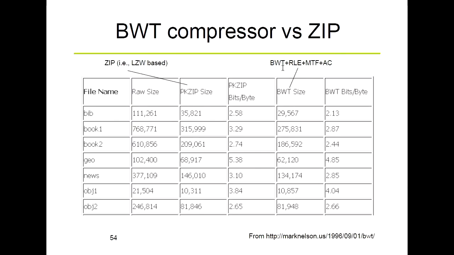Of course, if you are not smart enough, you may say, let's do run-length encoding first, then do BWT. That is just a waste of BWT, for example. So clearly, they're order dependent. When I say plus, don't swap the order. If you do AC first or something like that, you just ruin everything.